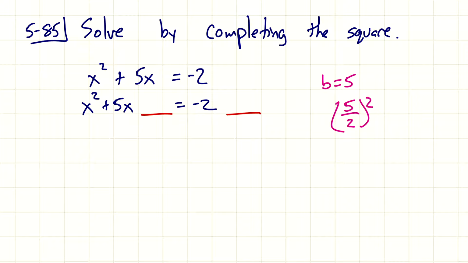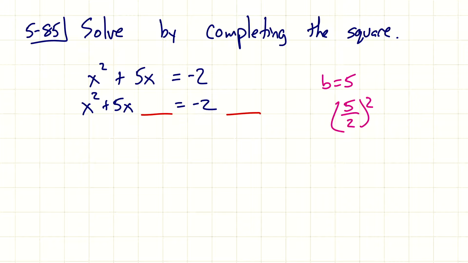What I'm going to tell you is you could use a calculator on this one if you want. You could go to Desmos or maybe your phone calculator and do 5 divided by 2 and then square it.